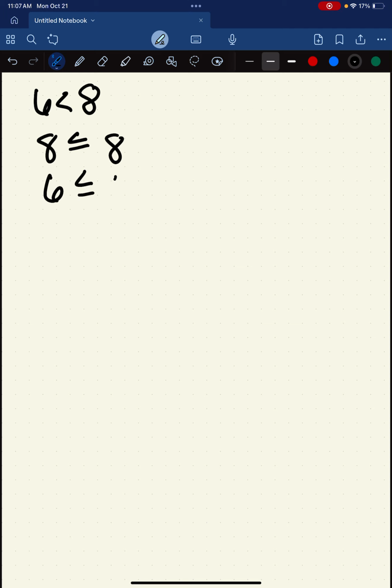We have 8 is less than or equal to 8. 6 is less than or equal to 8, right? So less than or equal to includes less than, and it includes equal to. Same thing with greater than or equal to. We have 8 is greater than 6, but if we want to include something where maybe 6 is greater than 6, we could have 6 is greater than or equal to 6.